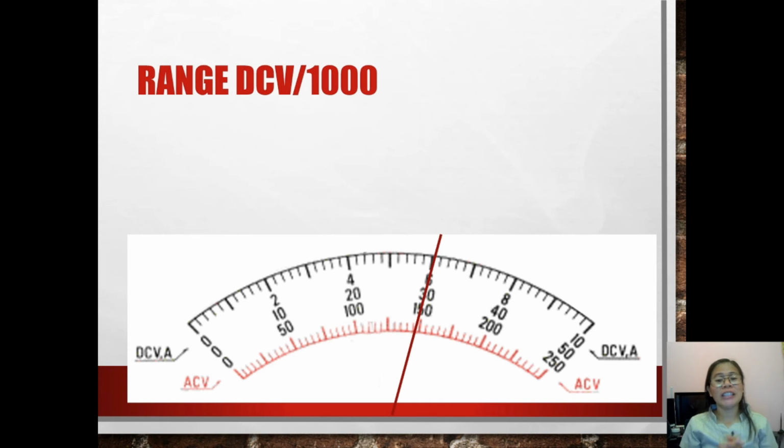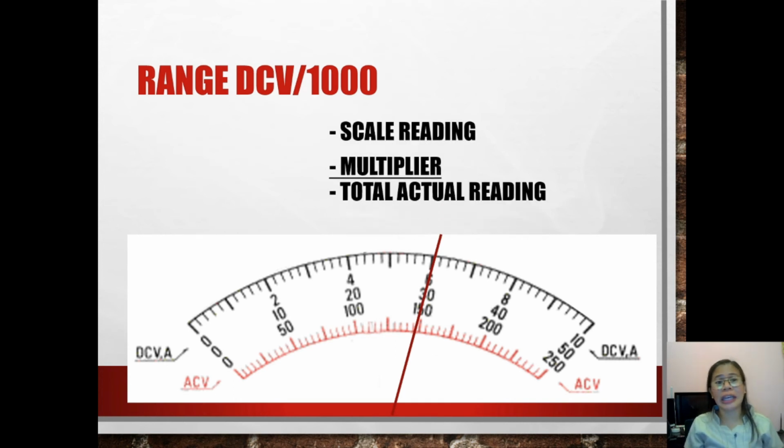Very good. 0 to 10. And what will be the scale reading in the range of 1000 on this example? Very good. The scale reading is 6. So the scale reading 6 times 100 is 600. Very good.